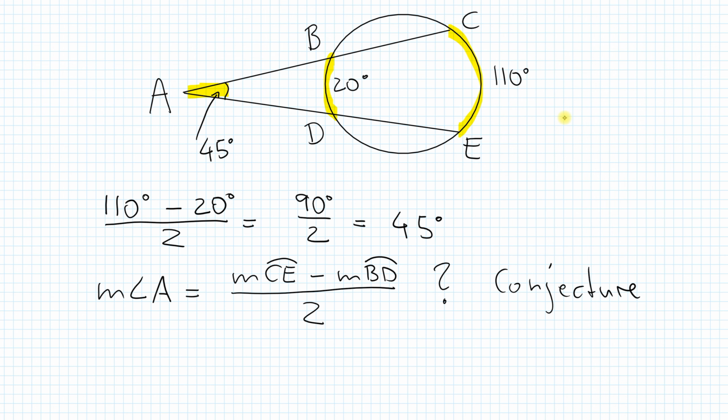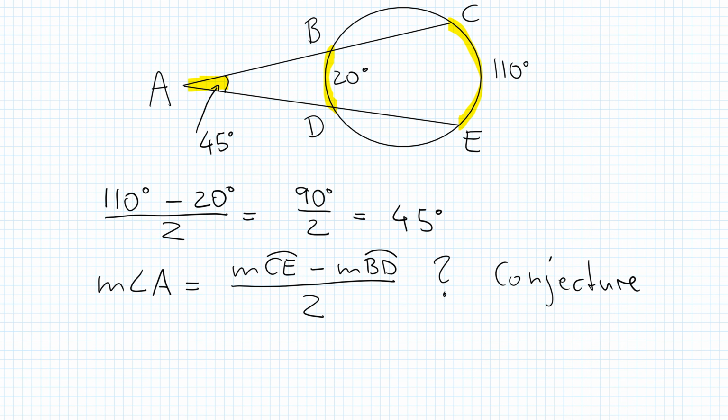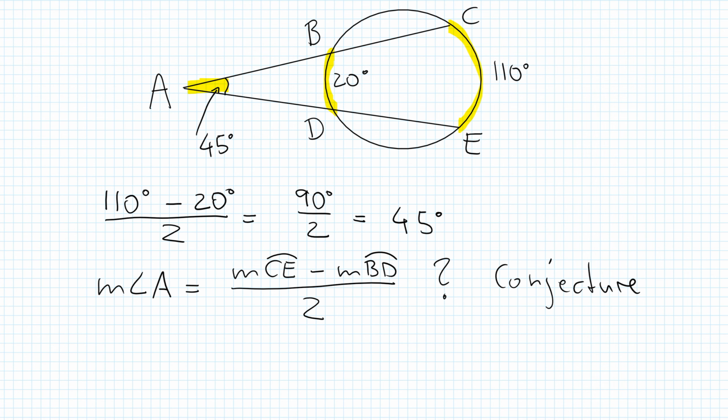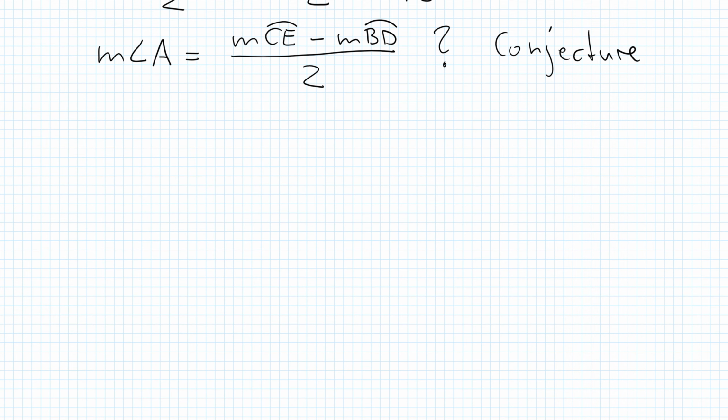Okay, so a conjecture means that we have an idea, we don't know if it's always true or not, and we want to test the idea and generalize it, okay? So what would you do to figure out if this is always true? We just have to generalize it by deriving the formula with all the theorems and postulates that we know. So let me draw a circle now. Let's try to figure this out.